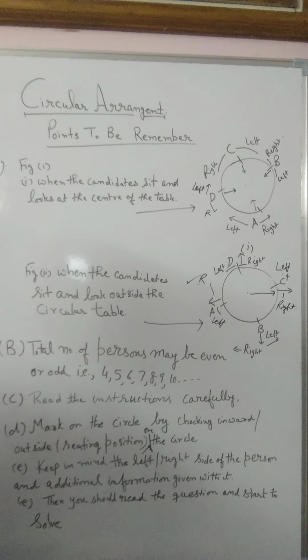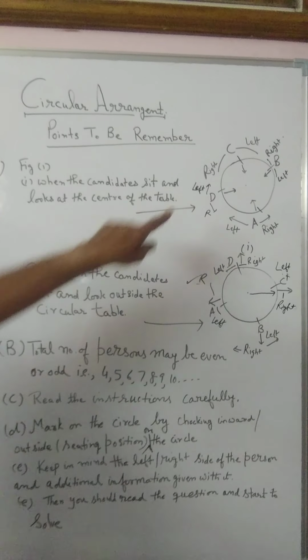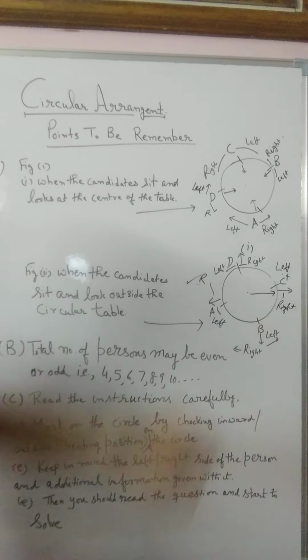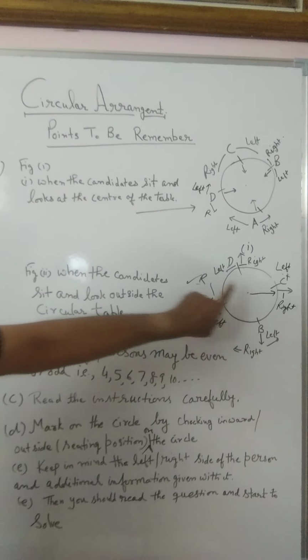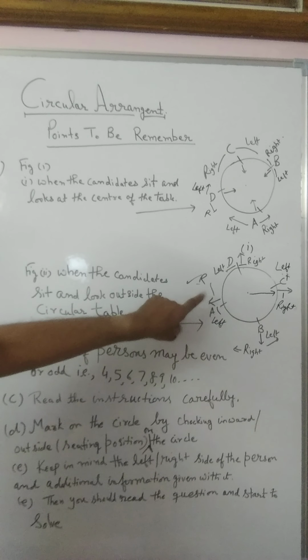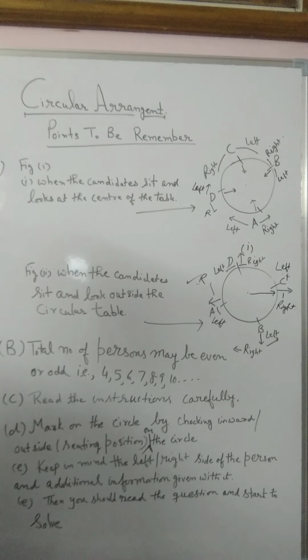Then we come to the next thing: the left and right hand side of the person, because when he is sitting inside the circle, he will have a different left and right position, and when he is sitting outside the circle, he will have a different left and right position.